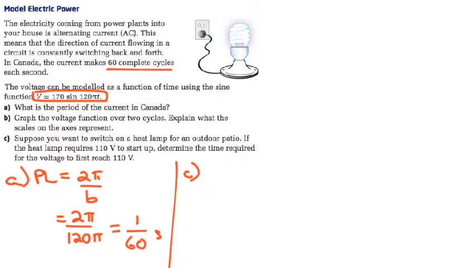So we'll go to the equation, we'll substitute in 110. And to graph this out and solve the equation, we need a 0 on one side. So we'll move the 110 over.